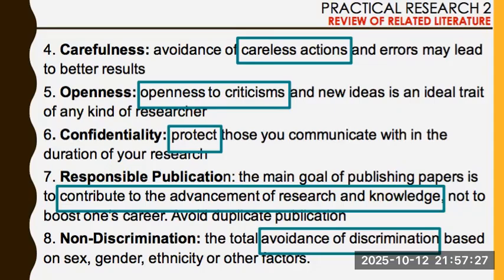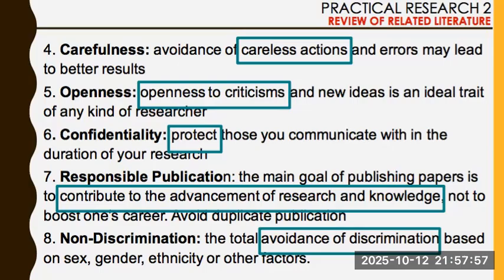The seventh is responsible publication. We try to publish results to contribute to knowledge. That's our goal. We try to contribute to the existing knowledge. It should not be just for personal gain. Responsible publication ensures that the literature remains reliable and that the research contributions are meaningful.